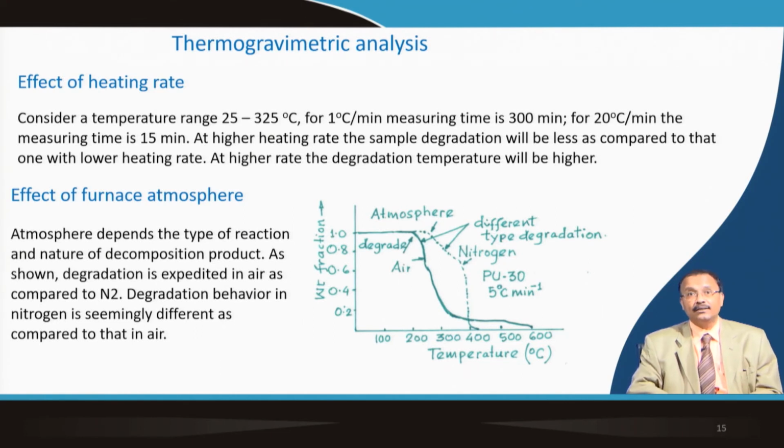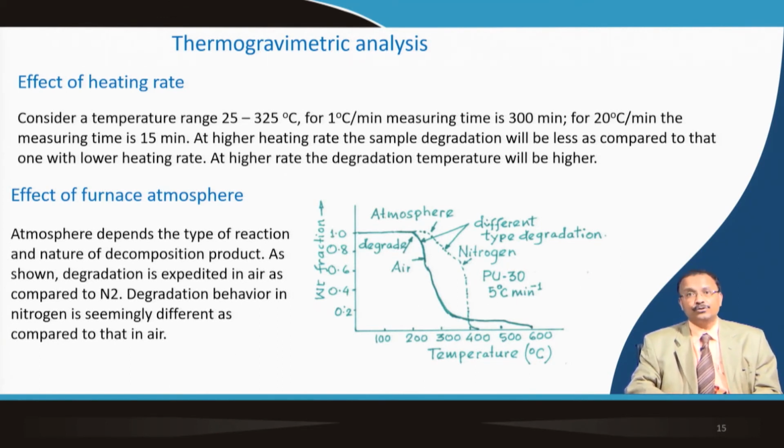So, at higher heating rate the sample degradation will be less as compared to the slower heating rate, because the degradation temperature at higher heating rate will be estimated larger, because the sample is seeing a very small time for temperature change. So, that affects the degradation temperature.